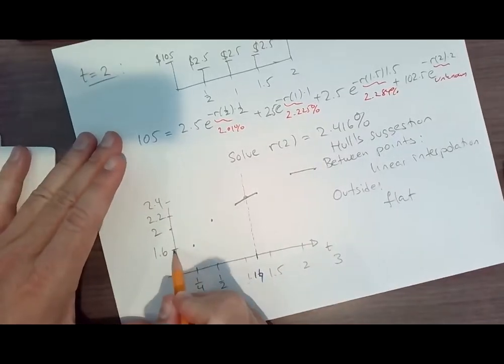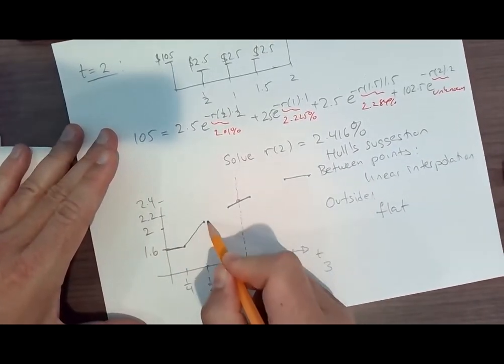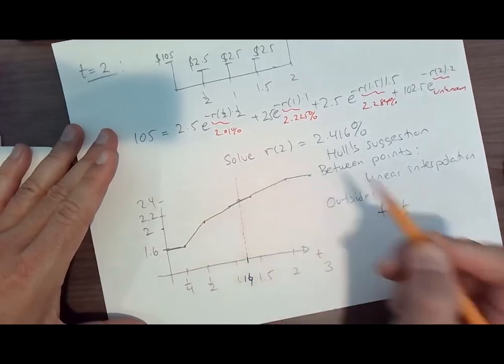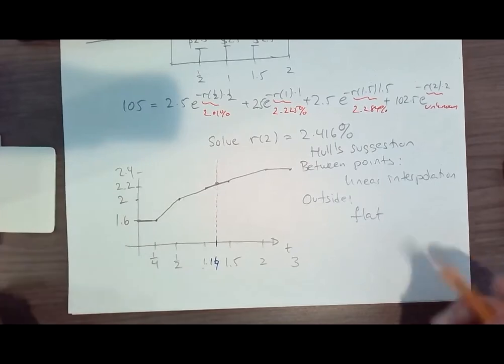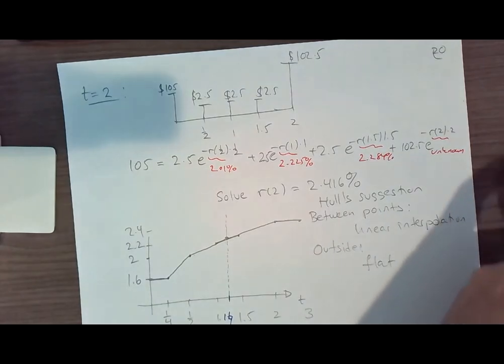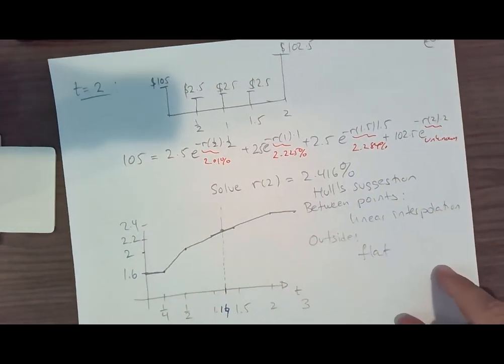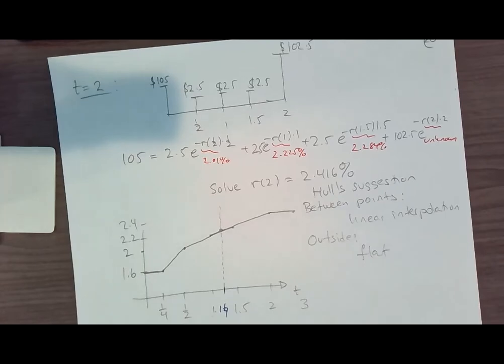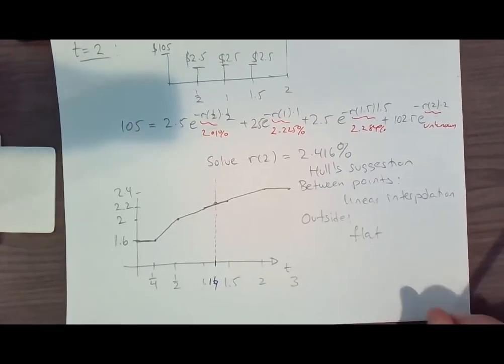And likewise, if you were in here, this would just be a flat line. And in between, you go off these linear interpolation curves. This is Hull's suggestion to create the interest rate curve. Any questions on this part?